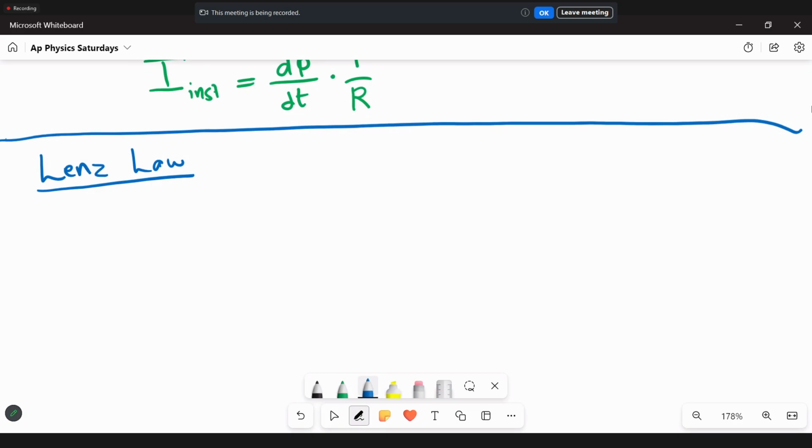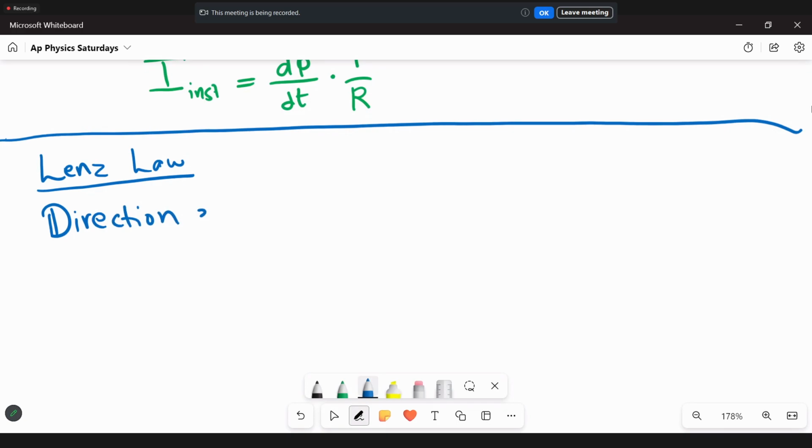And what is this law saying? This law says that the direction of the induced current is always such that it opposes the cause producing it. Let me write this down. These things are very important, by the way.